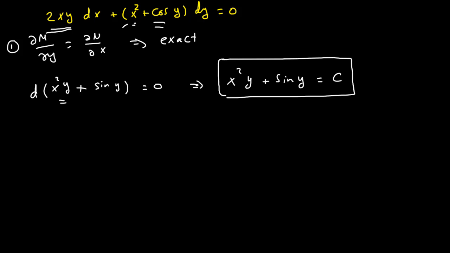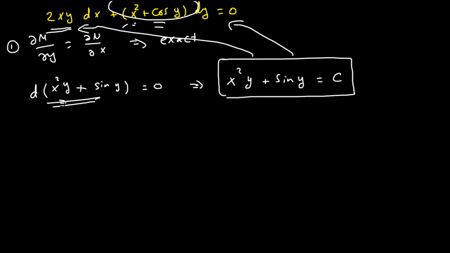And we already have done our check in a way, because now we know for sure that if this function is differentiated with respect to x, it will give us this function m of x and y. And when we differentiate this one with respect to y, we will get this function n of x and y. So this is a shortcut method, but sometimes maybe you can't figure out which function this is.